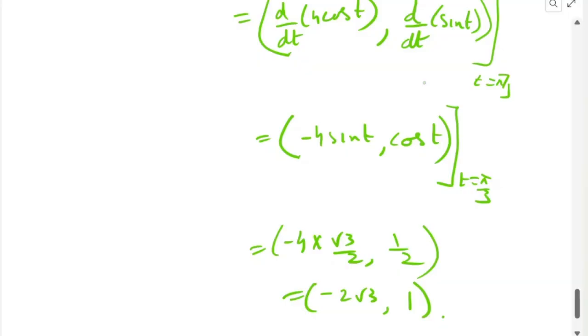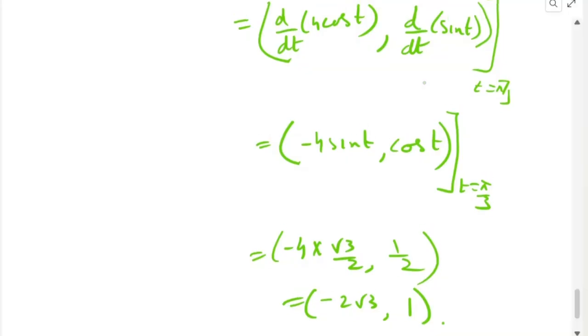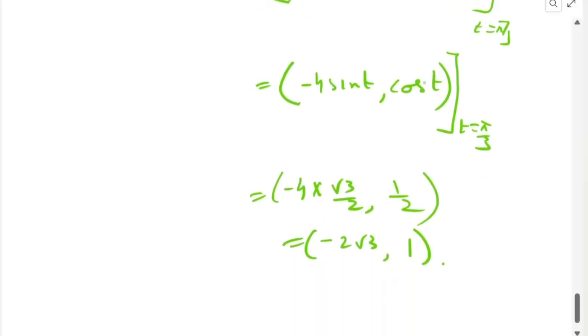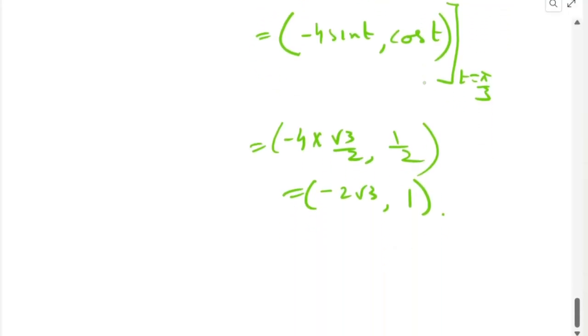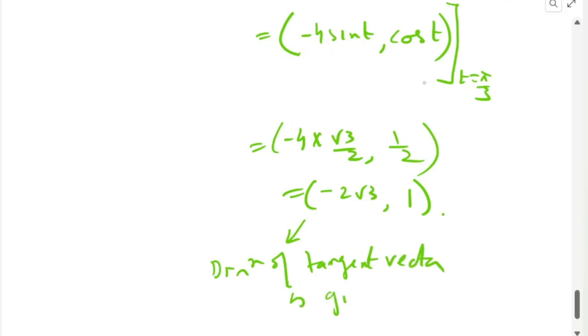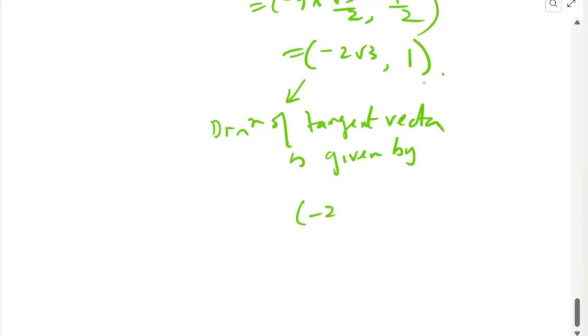Like this. Okay. One thing you see, this you have already derived. So my point is that the direction of the tangent vector is given by minus 2 root 3.